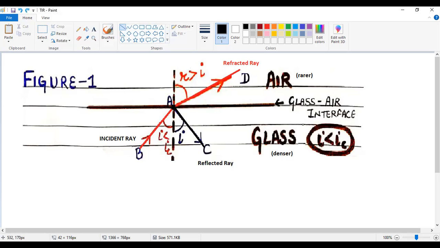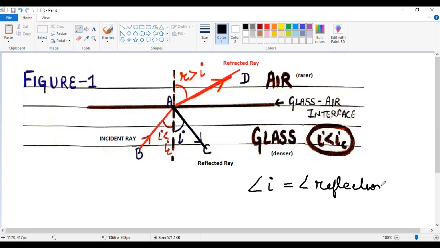And clearly this angle of refraction is greater than angle of incidence, while the angle made between reflected ray and the normal is known as angle of reflection, and according to law of reflection, angle of incidence should be equal to angle of reflection.